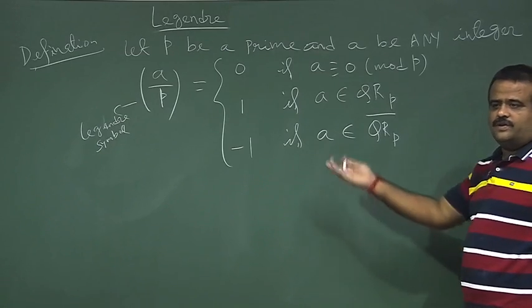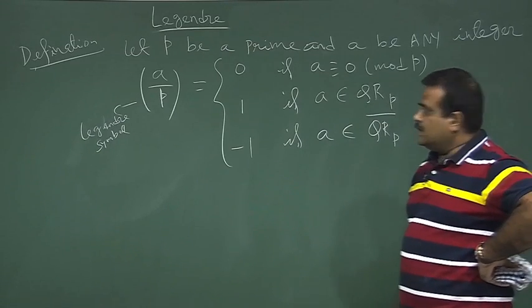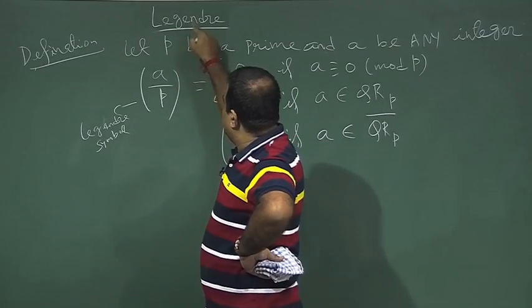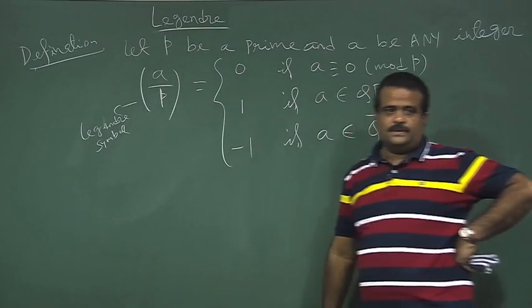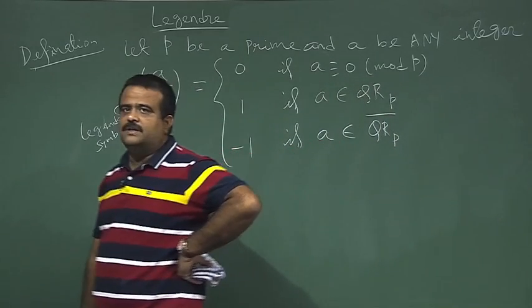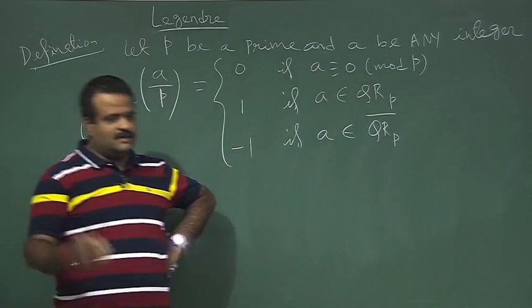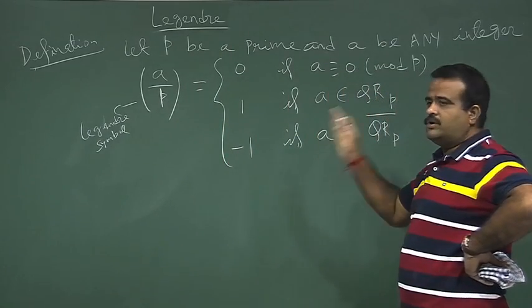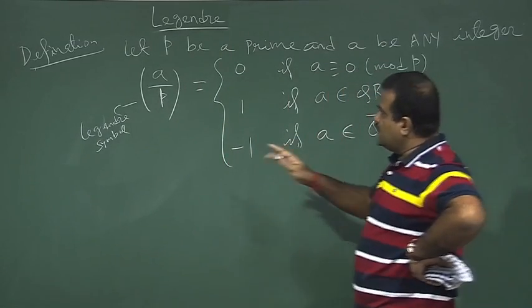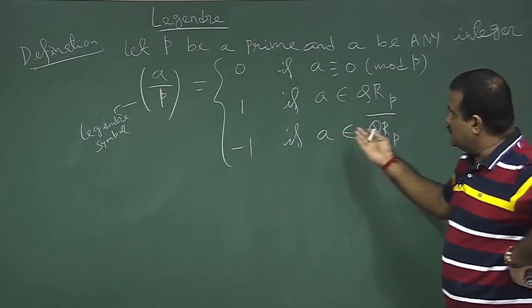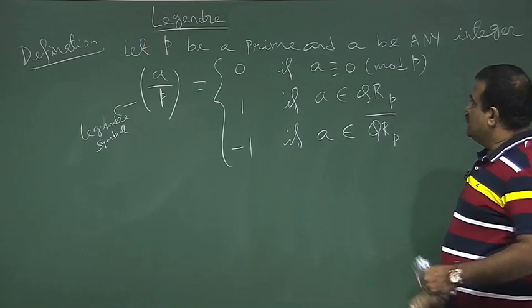So, it can take 3 possible values, but we have to be careful: for Legendre, p is prime. Jacobi we will see later, Jacobi is the general form where p need not be a prime, p could be any integer. For the time being we are talking about the Legendre symbol, for which p must be a prime, and this is defined by this functional form.